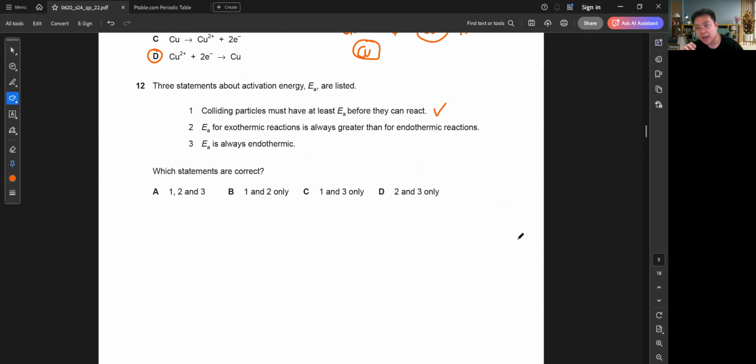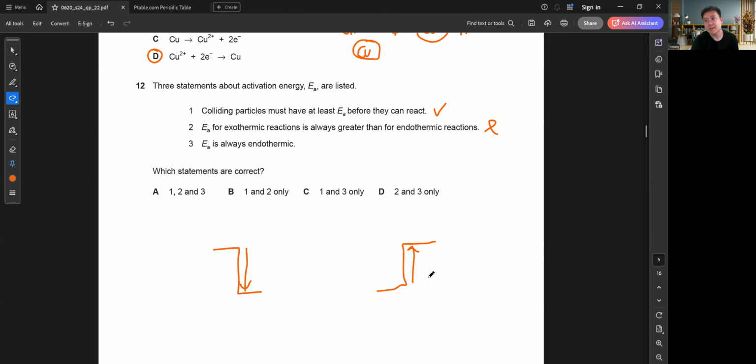EA is for exothermic. The activation energy is always greater. Nope, not necessarily. Because with exo and endo, the activation energy is from here coming down here, or from here going up here.